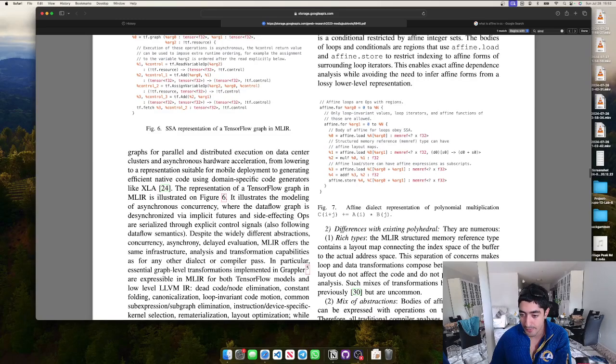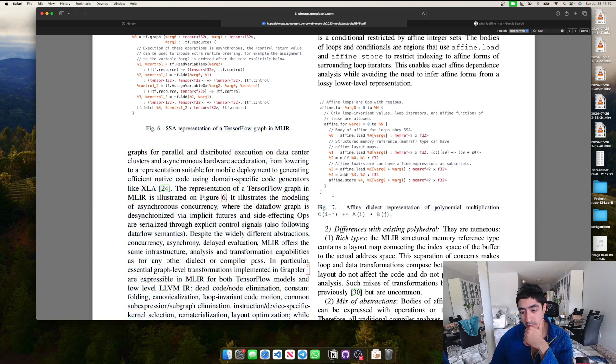Alright, so basically, to make it better for the compiler to optimize everything, each variable needs to be statically assigned once.